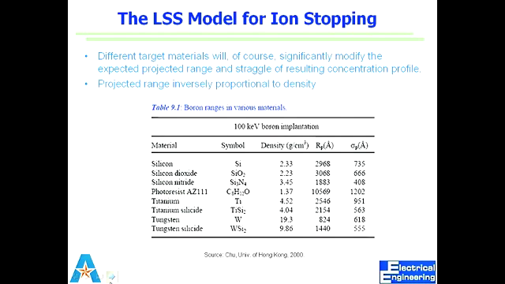So in this case, we see for 100 kilo electron volt boron how the range changes in different materials. So this should tell me, if I want to do it in silicon, what kind of material I want to use for my mask, and what thickness.